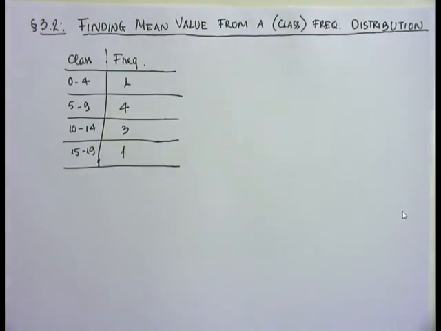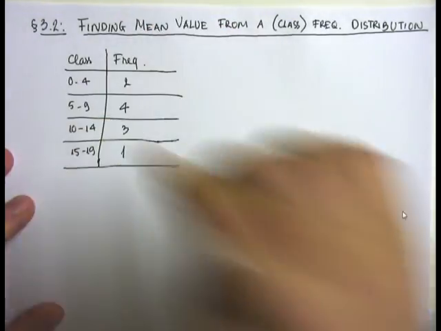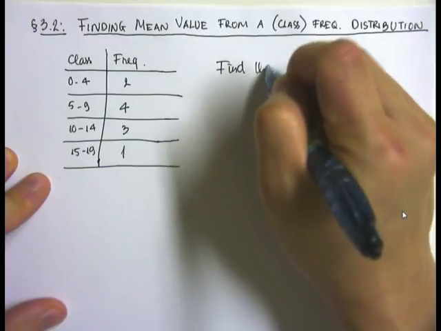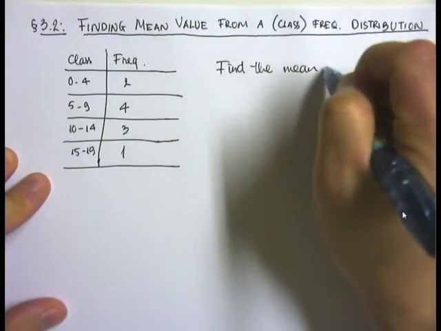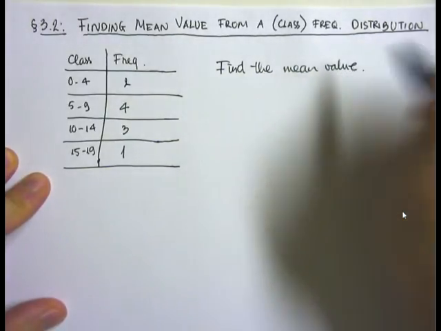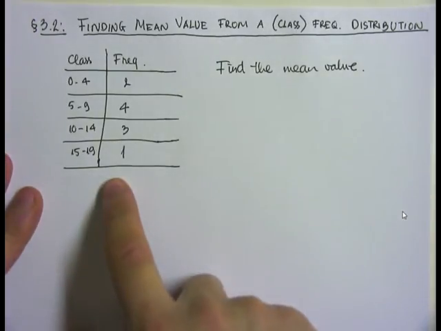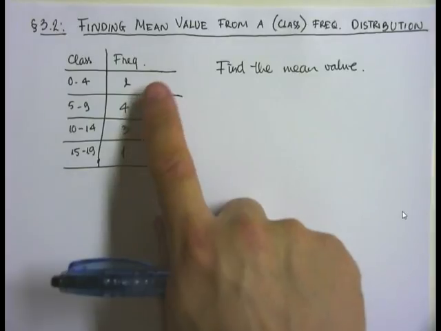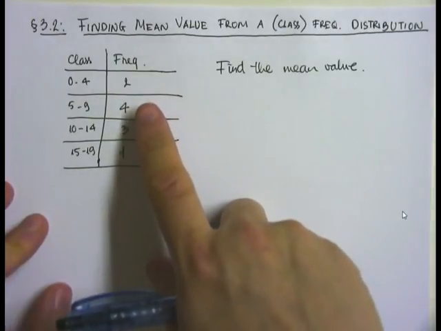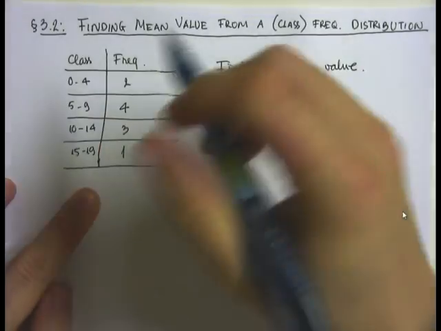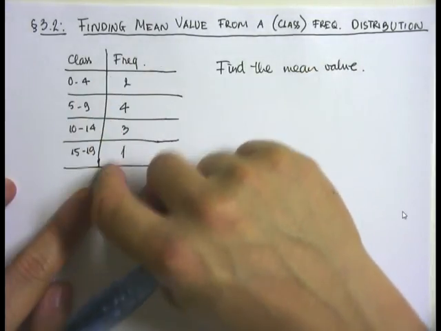So out of nowhere, a lot of the time all you are given is just a class frequency distribution, similar to the one we're having now. And I am being asked to find the mean value. One potential problem here is that we all know how to find the mean value, but in this case, what makes it hard is that we do not know the individual data values.